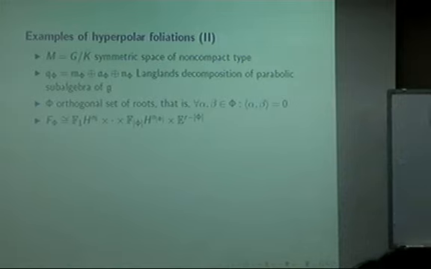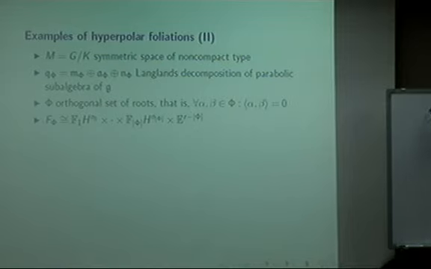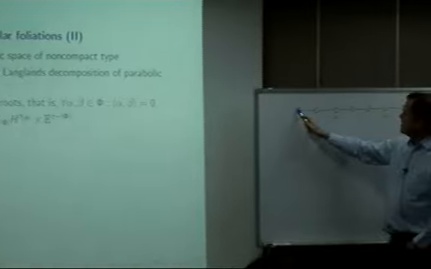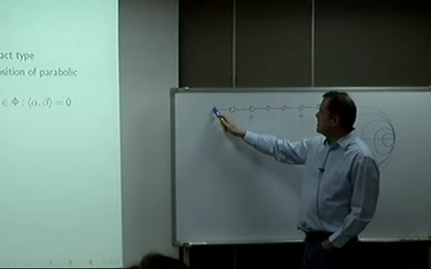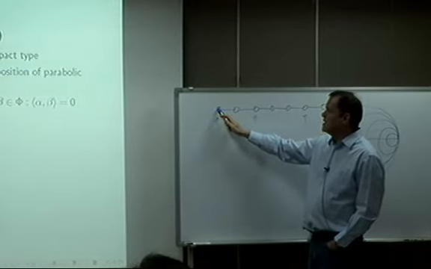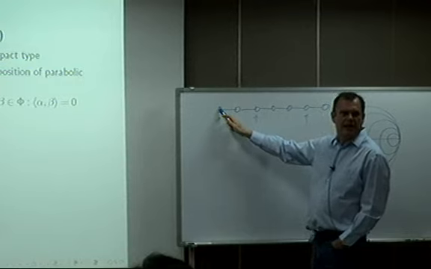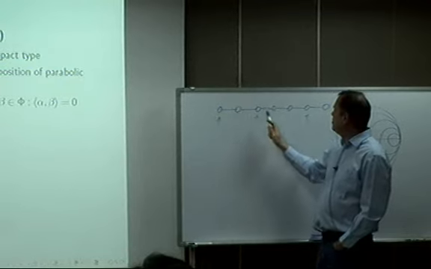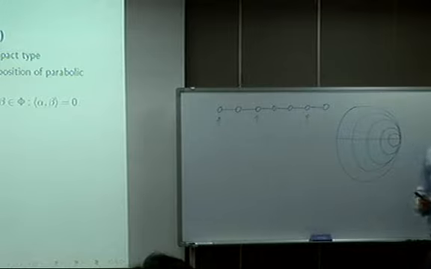And one can actually decide what kind of hyperbolic space it is from the root system. For example, in this case, we see that we must have the real numbers here, and the multiplicity is 1. So in fact, we have a real hyperbolic plane. Here we have a real hyperbolic plane. Here we have a real hyperbolic plane.